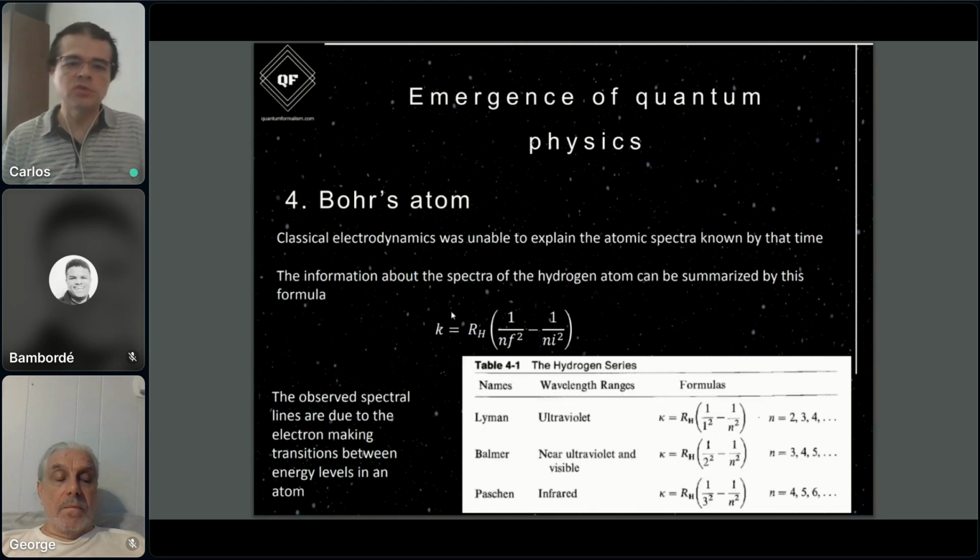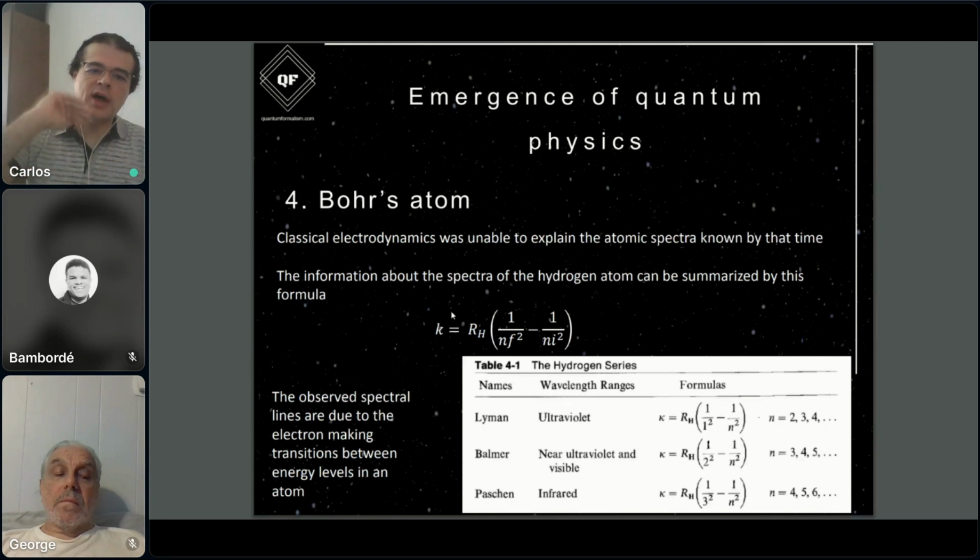People made experiments with the hydrogen atom because it's the simplest, and they found that the spectral lines were given by a formula like that. And classical electrodynamics could not explain this as well. These are the energy levels that the electron should be in, so when the electron makes a transition from one to another, an expression like this would happen.